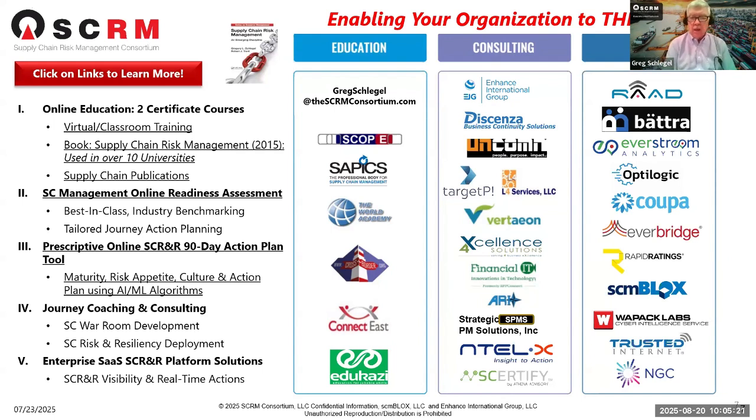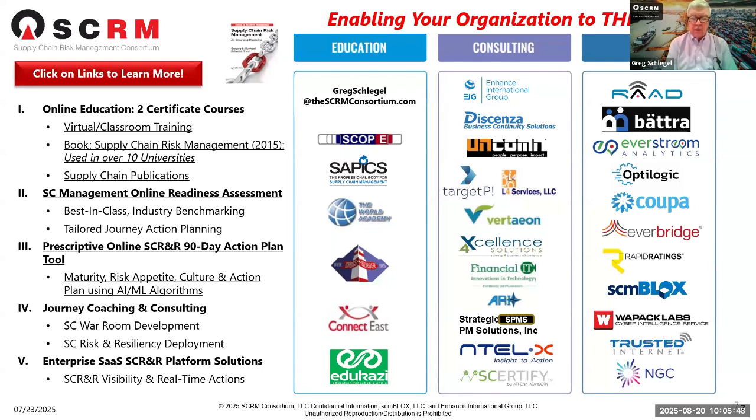We grew up under education in universities and with partners. We do a lot of consulting where we lead, guide, direct, and coach companies on their journey. And we have a host of heavy hitter software as a service companies who reinforce supply chain risk and resiliency from our book.